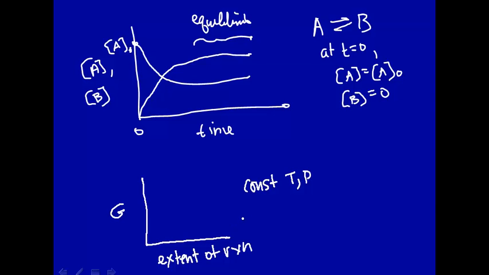Over here you have lots of products, over here lots of reactants. At various places along the reaction you can measure the Gibbs free energy G, and you find there's a place where it is at a minimum. At that extent of the reaction, with a certain amount of reactants and products, you're at equilibrium.